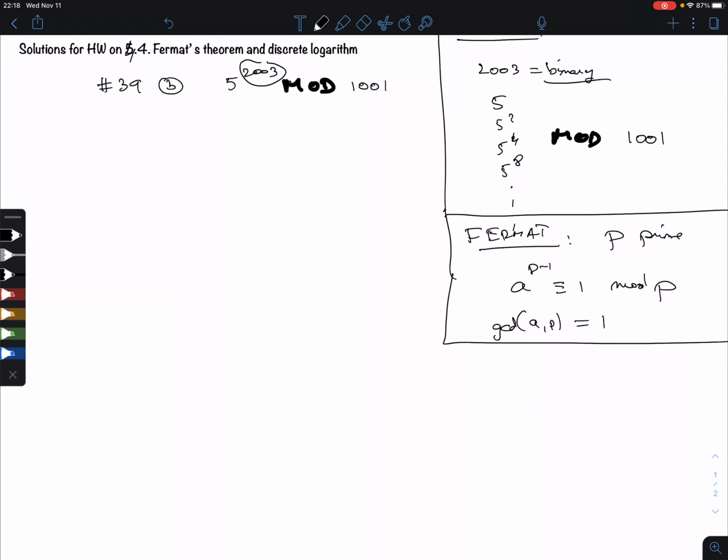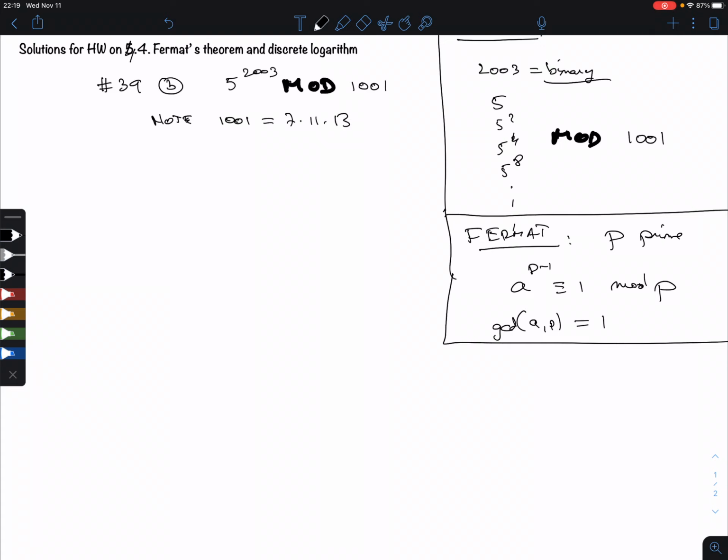But why are we not using this now? Why is this a much more complicated problem? Because 1001 is not a prime, and in fact it is 7 times 11 times 13.